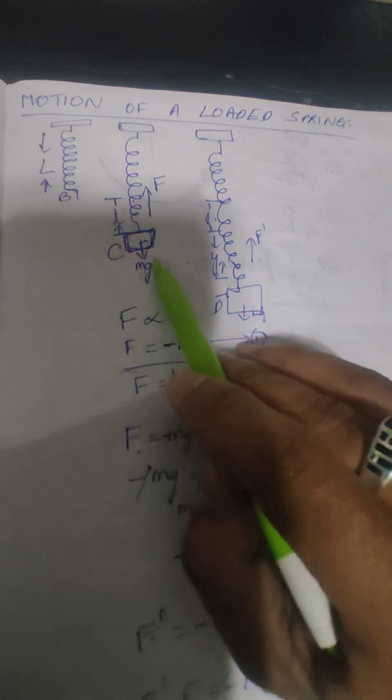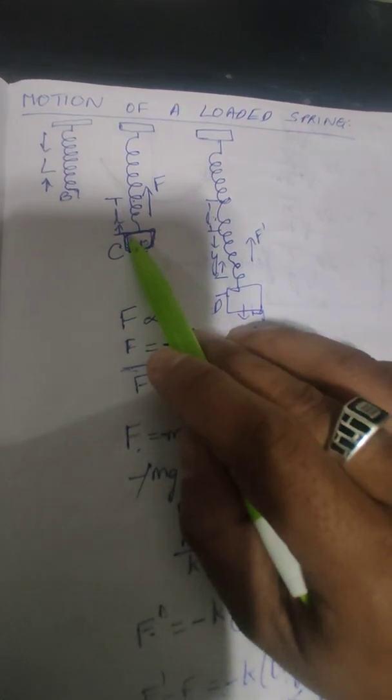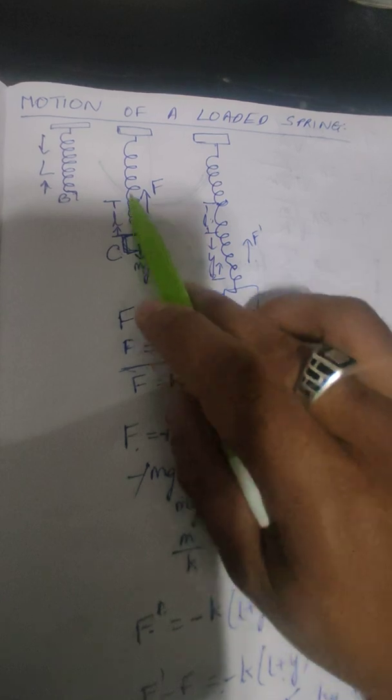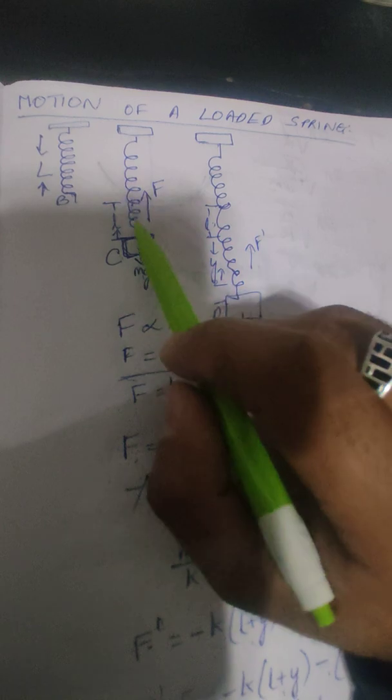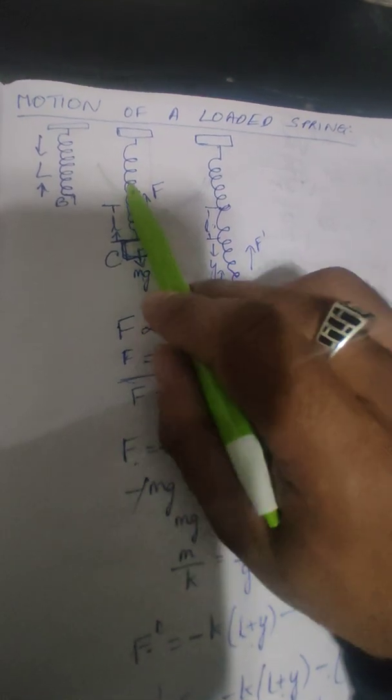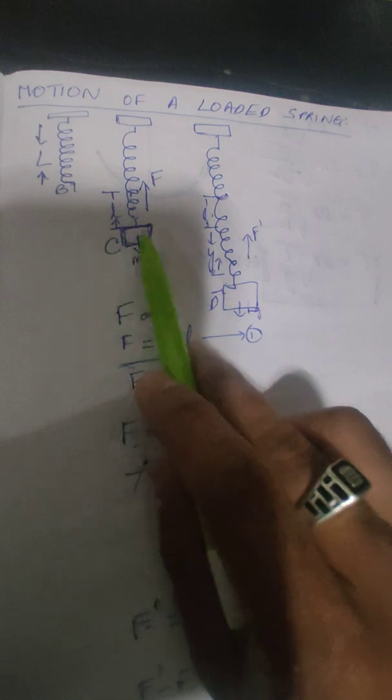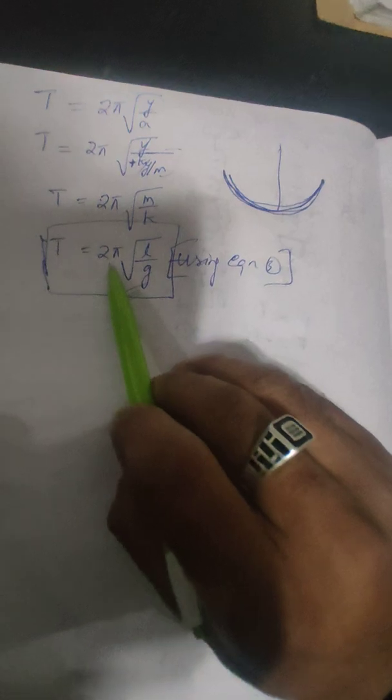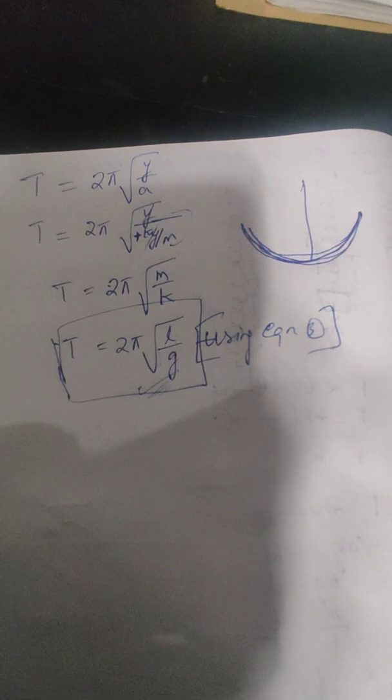So if we stretch a spring by any mass or any weight, and if we release it, the spring will be bouncing back with a restoring force and a certain acceleration, and the time taken by that spring to bounce back to its original position, depending upon the weight of the object, can be calculated by 2 pi root L by G, where L is the extension produced in the spring, and G is the acceleration due to gravity. Now we'll go to the next topic, which is a simple pendulum.